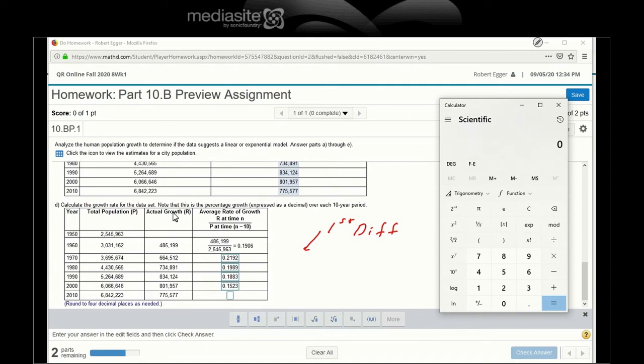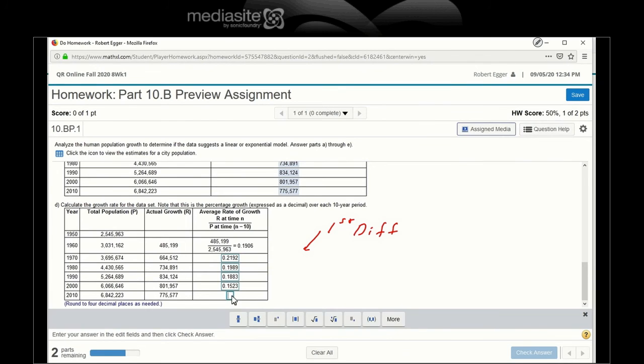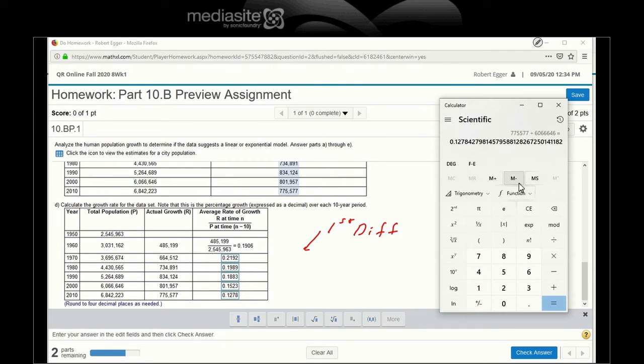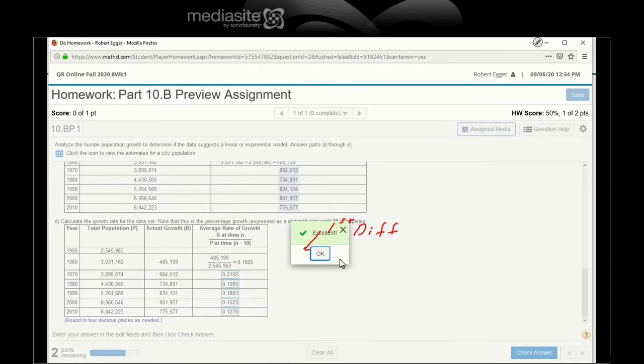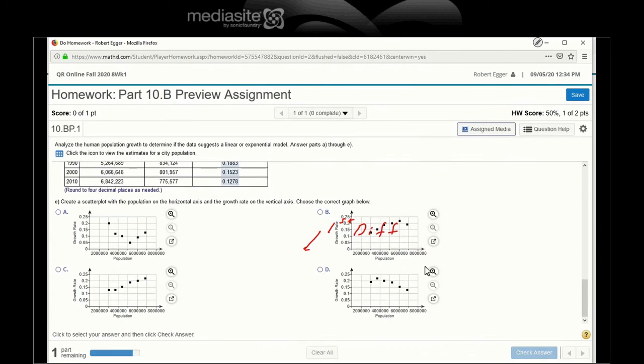Lastly, between 2010 and 2000, we had a 775,577 population increase. Compare that to the previous population of 6,066,646, for a change of 0.1278. Yeah. Check our answers. They are correct. Oh, wow.